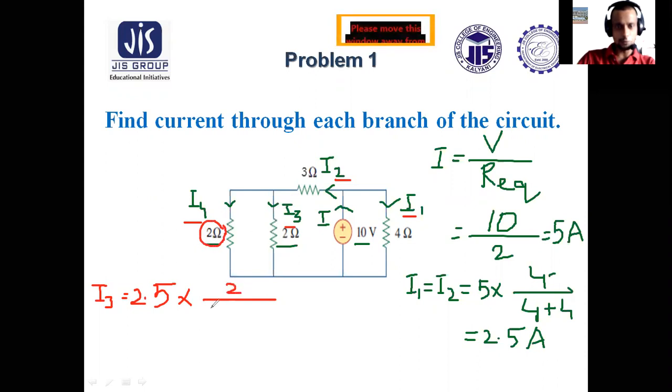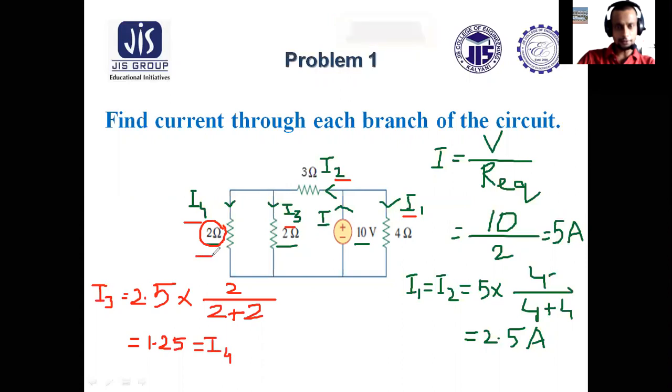Sum of the resistance is 2 plus 2. So I3 equals 1.25 equals I4, as both are having the same resistance. So this is how you can find current through each branch by applying current divider rule.